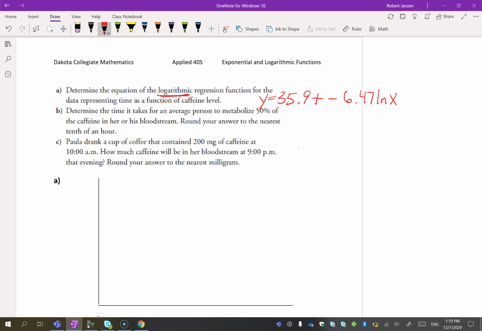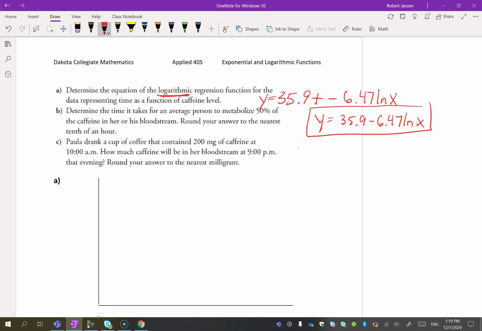By the way, I could rewrite this as y equals 35.9 minus 6.47 ln x. Okay, so that's my equation.